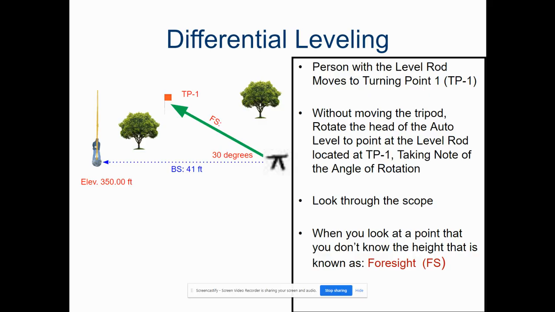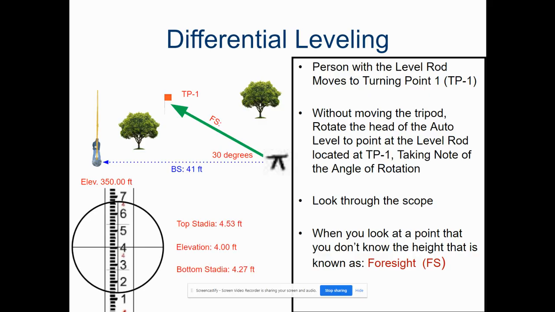So now we want to go to point one, not TP1, but point one. And now we use a foresight because we don't know what that point is.